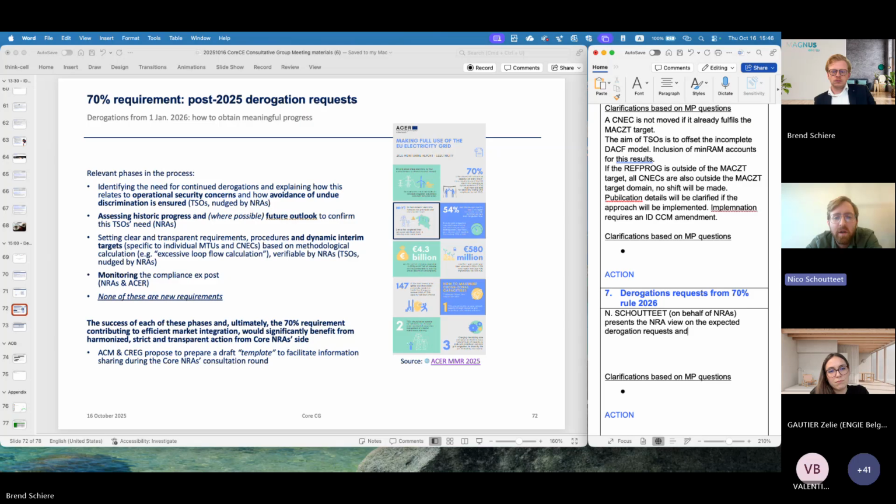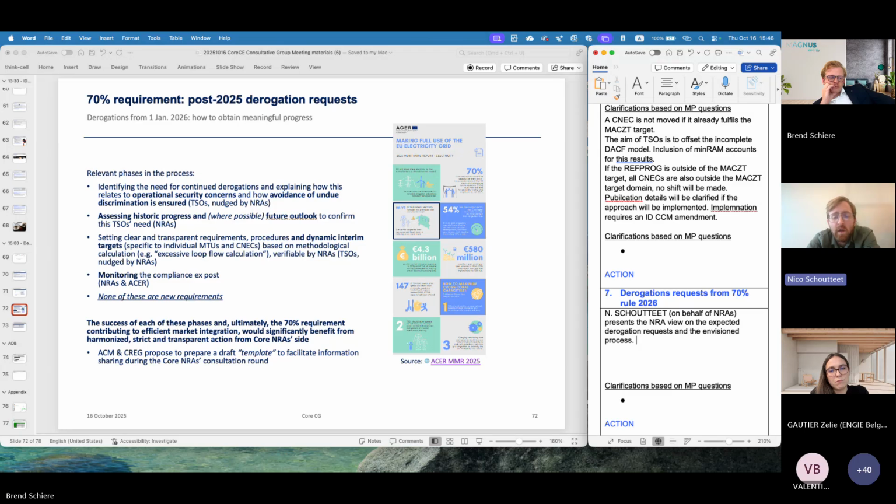We want to have dynamic targets which are deterministically calculated through a methodology which can be enforced and which can be recalculated by regulators, by market participants, by whomever, in order to ensure that we end up with an alternative target, so alternative to the 70% target, but as little below 70% as is strictly required by the specific operational security concern which is in place.